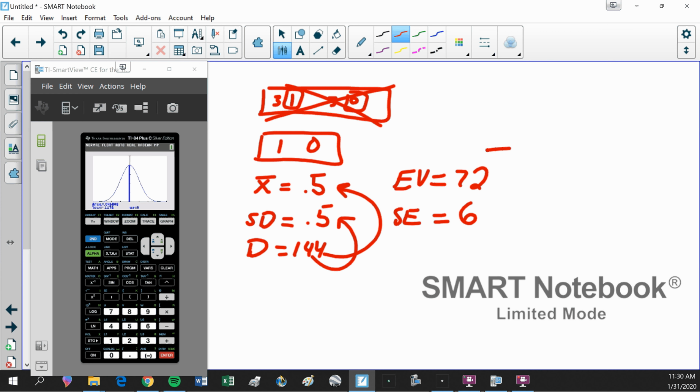So I draw my normal curve. I put 72 in the middle, plus or minus 6. Do I need to worry about edges? No, because my draws are bigger than 100.